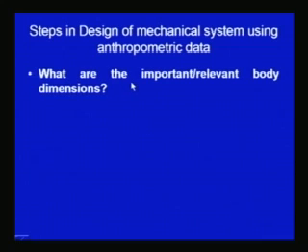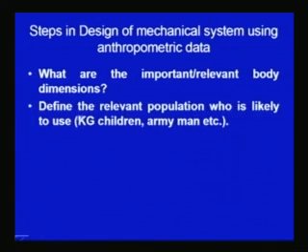According to the type of body part required to operate the mechanical system, the dimensions of the body parts are kept in mind while designing it, and defining the relevant population who will be using a given mechanical system.